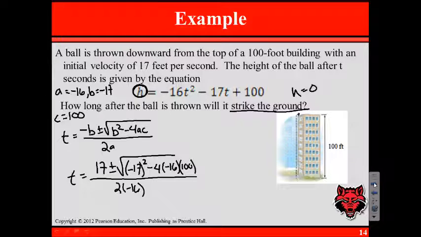We can continue to simplify, and if we do, we will get t equals 17 plus or minus the square root of, 17 squared is 289, 4 times 16 times 100 will give us 6,400, and since we had two negatives, that becomes positive, all divided by negative 32. So let's go to the next slide and continue to simplify.